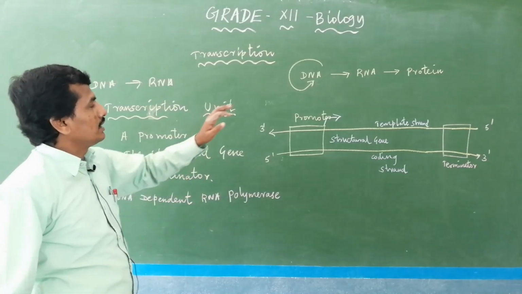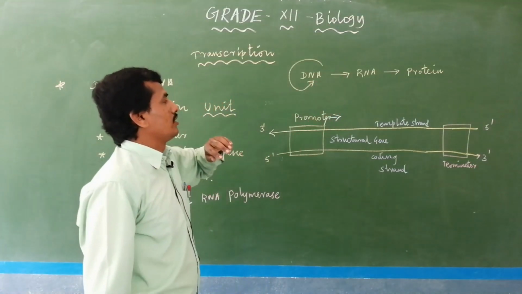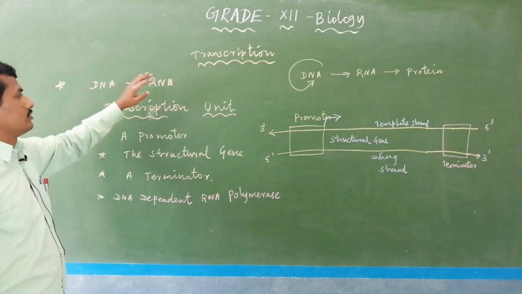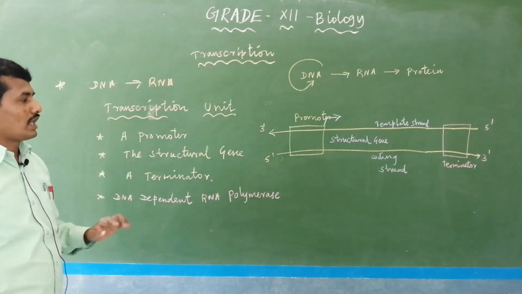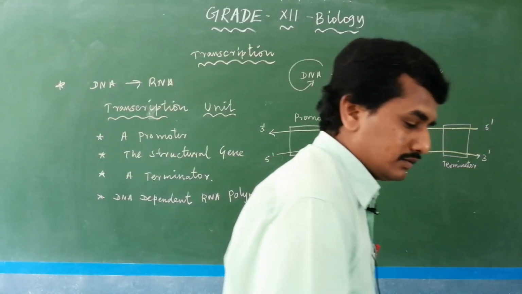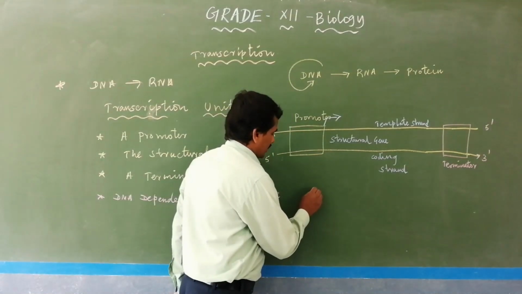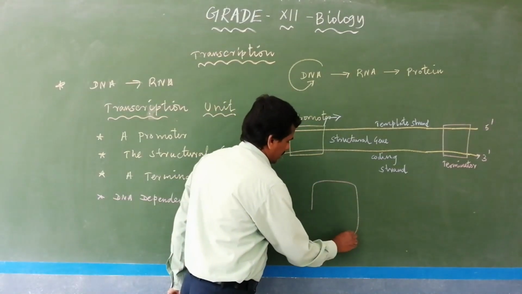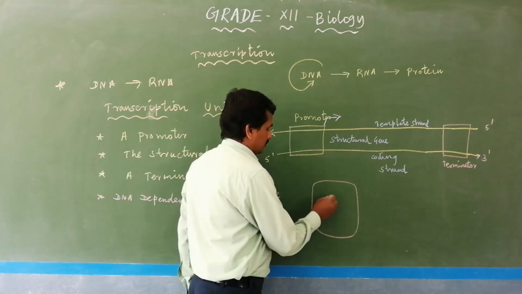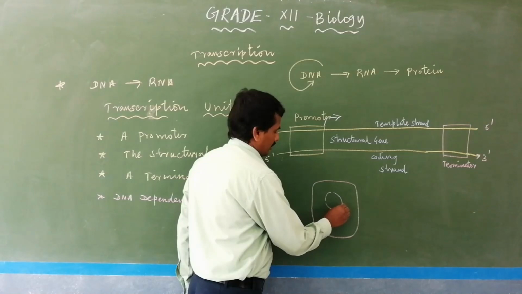So here DNA is converted into RNA. The process is known as transcription. Transcription takes place in the cell, in the nucleus, in eukaryotic cells and also in prokaryotic cells. Eukaryotic cells have a nucleus.